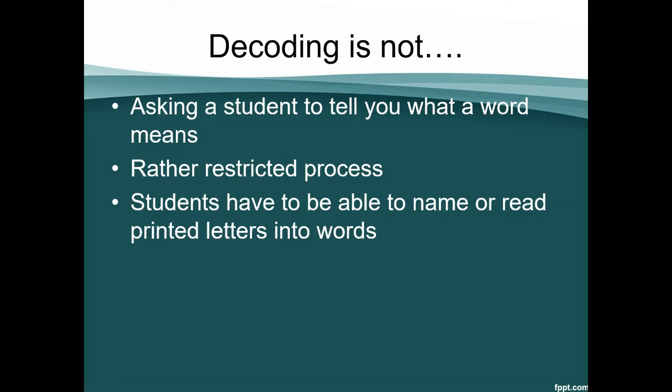The reason why decoding is not telling a student what a word means is because, like those words I had you read at the beginning, hopefully you could read those very quickly: dog, table, and jump. But I didn't ask you what's a dog, what's a table, and what does jumping look like. Decoding is essentially just asking the student what that word is or reading it for us. It is not asking me to describe what that word might represent. That's definitely a different skill.